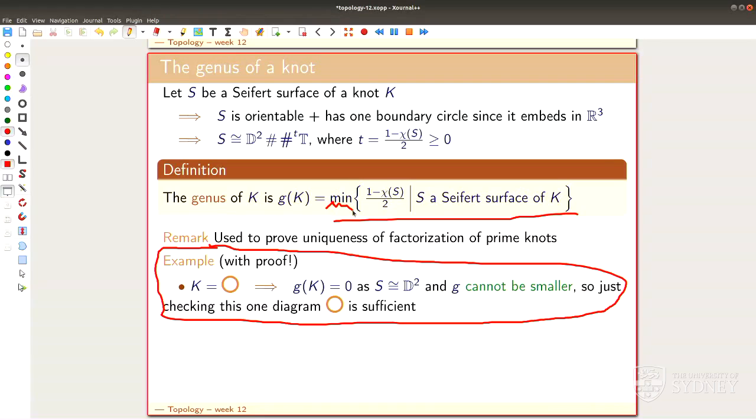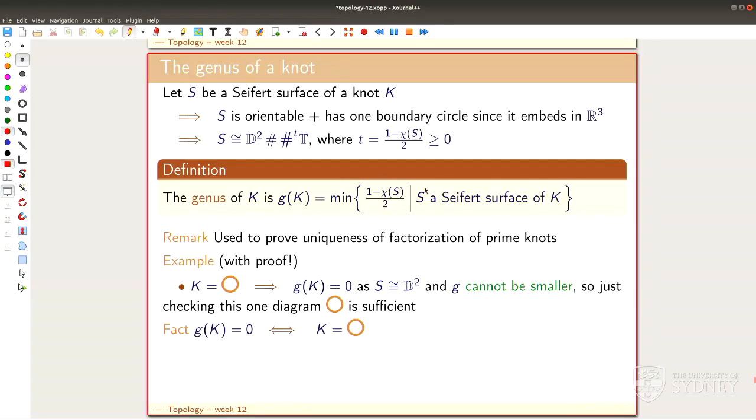But here, of course, it can't get lower than 0, and you already found one that is 0. So the genus of the unknot is actually 0 because it bounds a disk and it can't get easier.